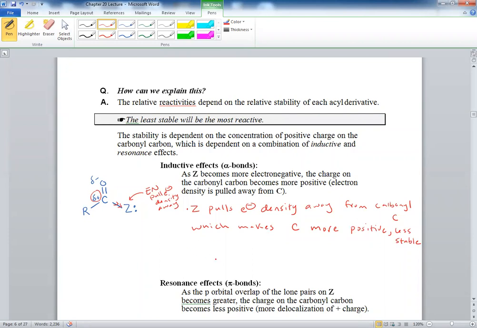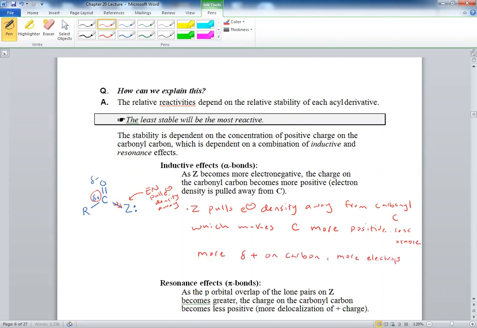So if you have, in this case, more positive on the carbon, it means it's more electrophilic.